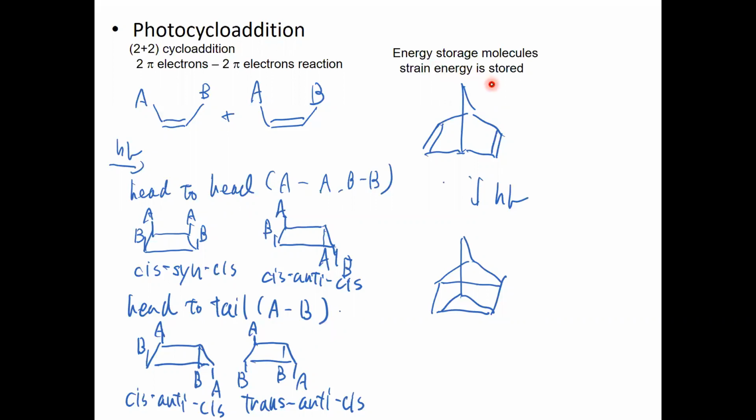For example, this is one of the examples, and I'm not familiar with the name of this, but what happens here is that in a single molecule you have two double bonds, and by illuminating light, there is a cyclic closing to make this kind of structure. So this is a kind of energy storage as a chemical bond.